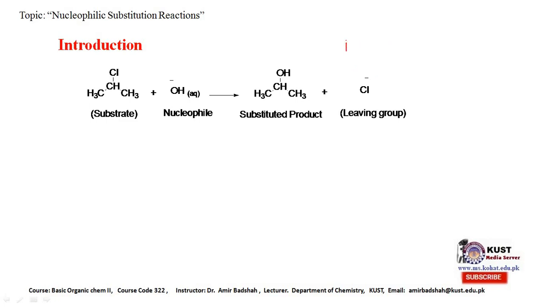The free radical mechanism is the one where the bond is broken and the electrons are not both taken by one atom. For example, when this bond is broken, one electron is taken by one atom and the other electron is taken by the other. This is called the free radical mechanism, which involves homolytic cleavage.